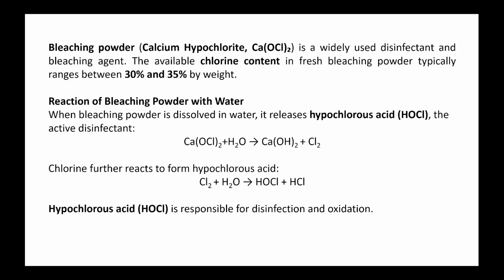So bleaching powder is calcium hypochlorite. Till now we have been discussing hypochlorite ions. OCl minus is the hypochlorite ion. Calcium hypochlorite is commonly called bleaching powder, and it is a widely used disinfectant. I am pretty sure all of you must be familiar with bleaching powder.